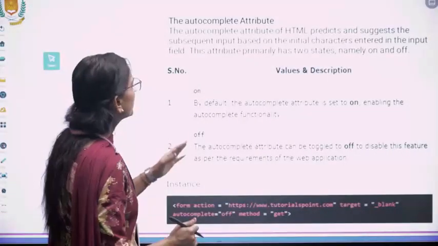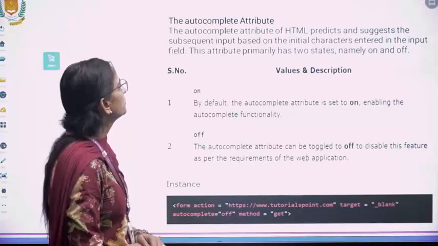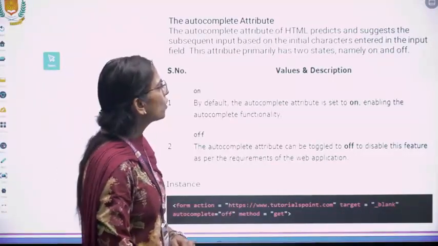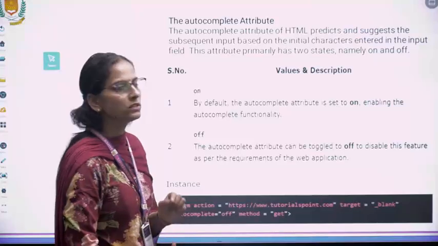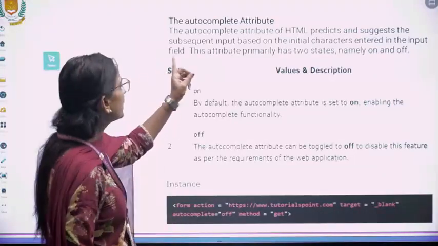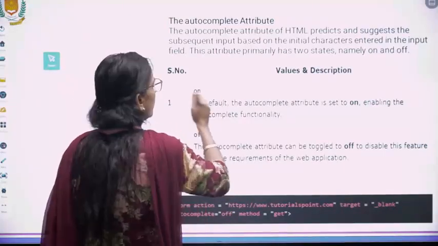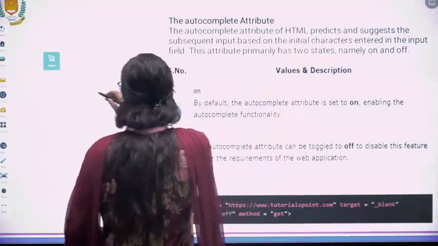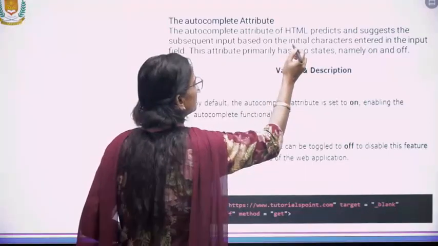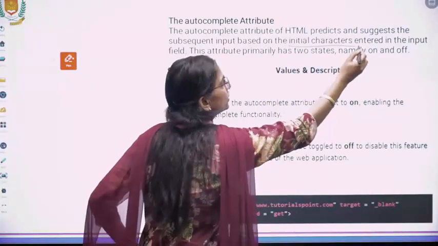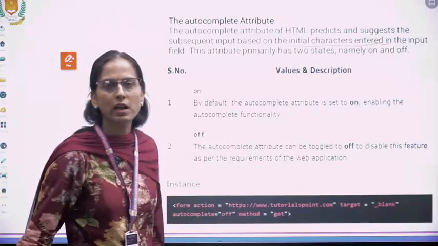Then what is the autocomplete attribute? The autocomplete attribute of HTML predicts and suggests the subsequent input based on the initial characters entered as input.